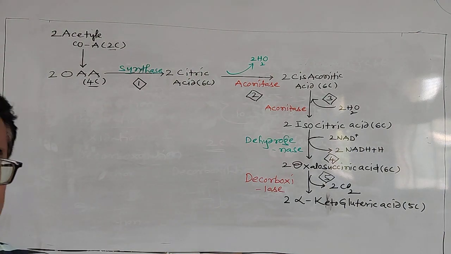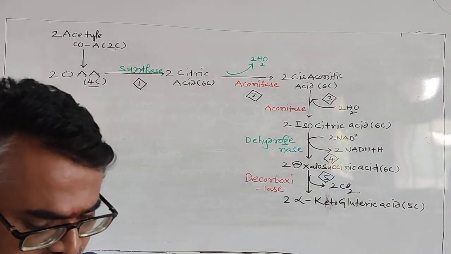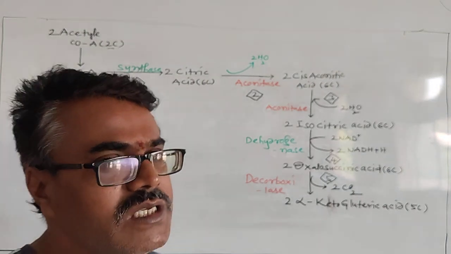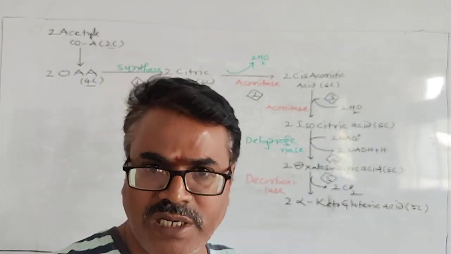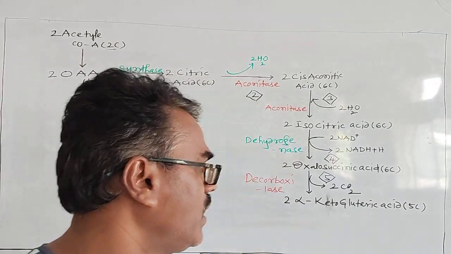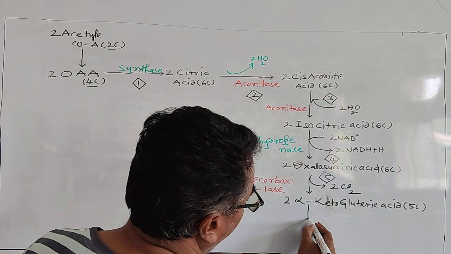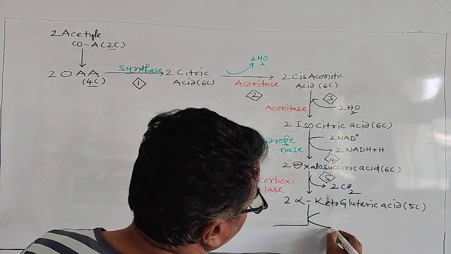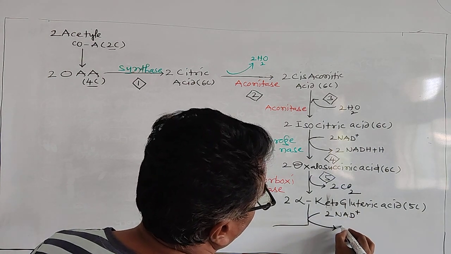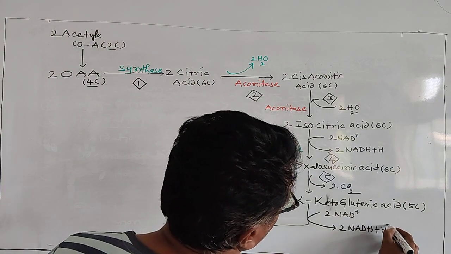These 2 moles of alpha ketoglutarate acid undergo oxidation, condensation, and as well as decarboxylation. The oxidation we already discussed: the 2 moles of NAD plus are converted into 2 moles of NADH plus H plus, NADH2.